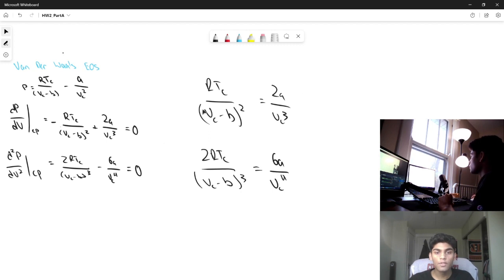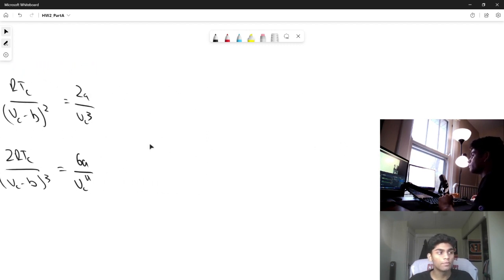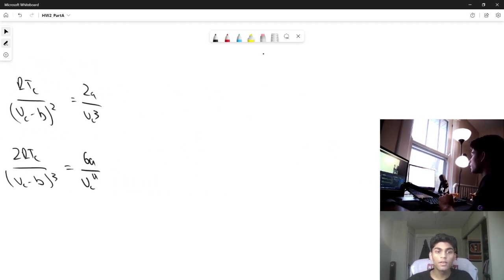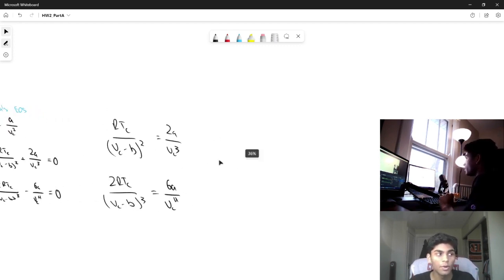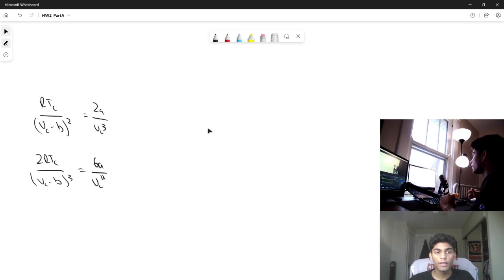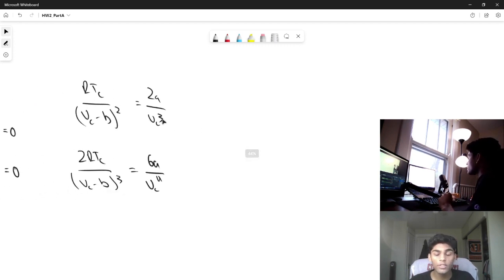So now that we have these two equations, what we can end up doing is get a consolidated equation that includes both of these components by multiplying one equation by the reciprocal of the other.